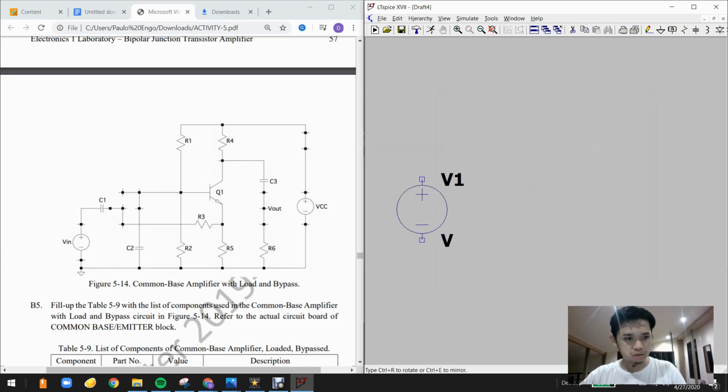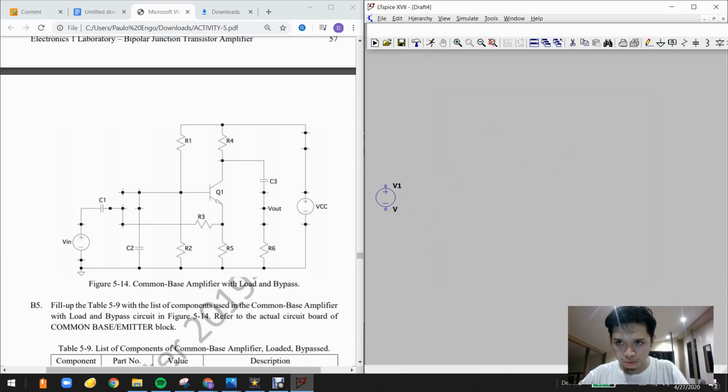So again, we start with the V in, zooming out, connecting it to C1. So that's where our C1 is.